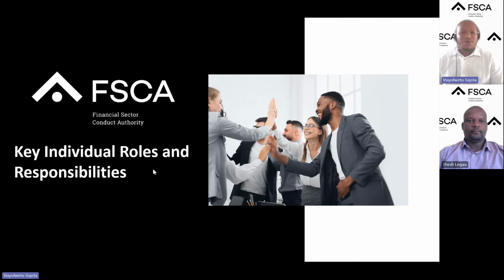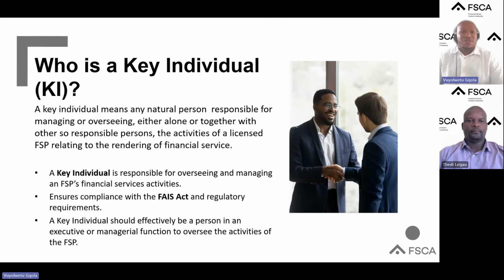Now, today's session is about key individual roles and responsibilities. Firstly, we ask, who is a key individual? According to the FAIS Act, a key individual means any natural person responsible for managing or overseeing, either alone or together with other sole responsible persons, the activities of a licensed FSP relating to the rendering of financial services.